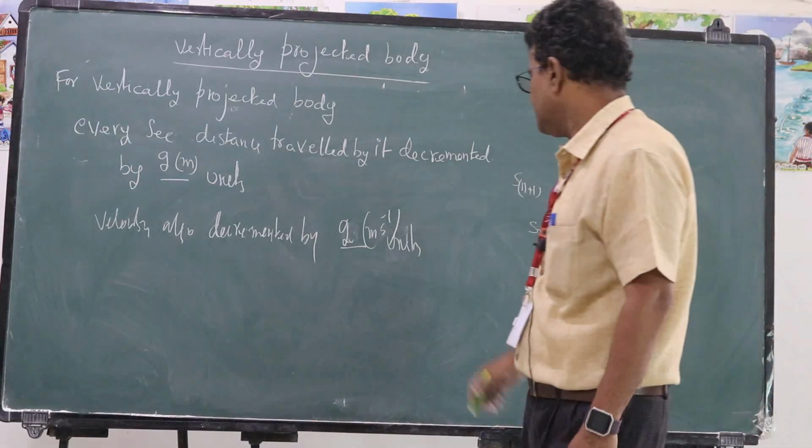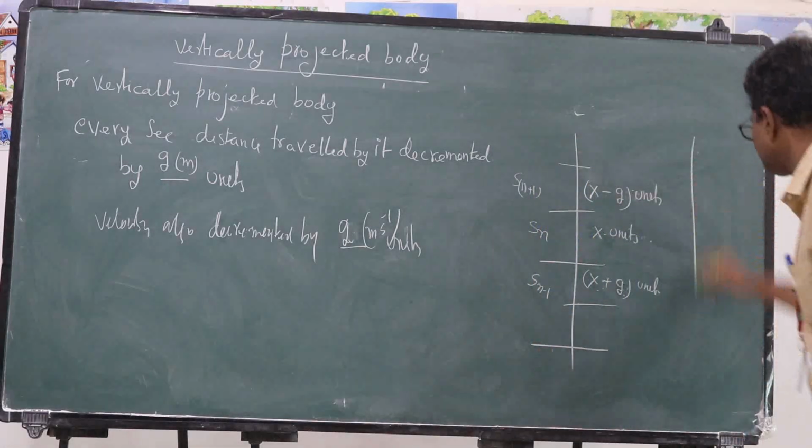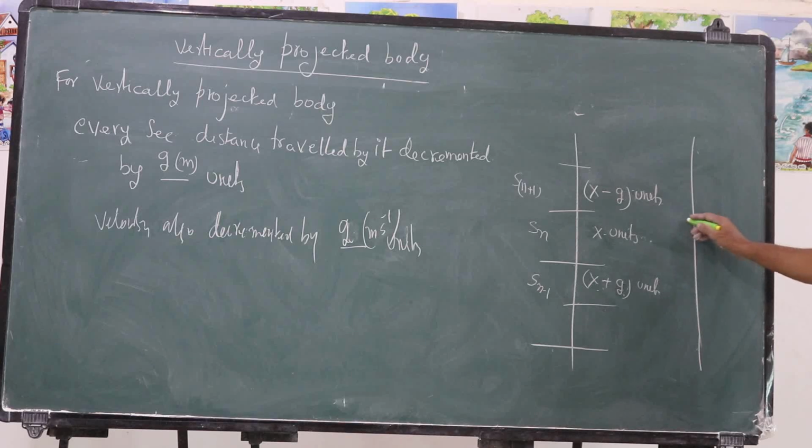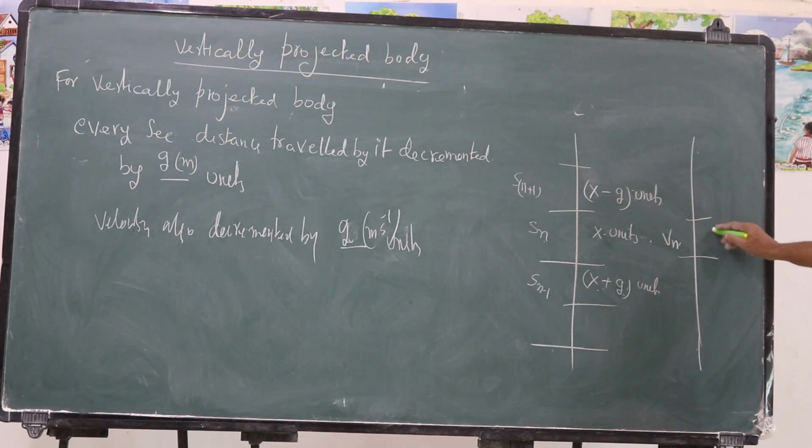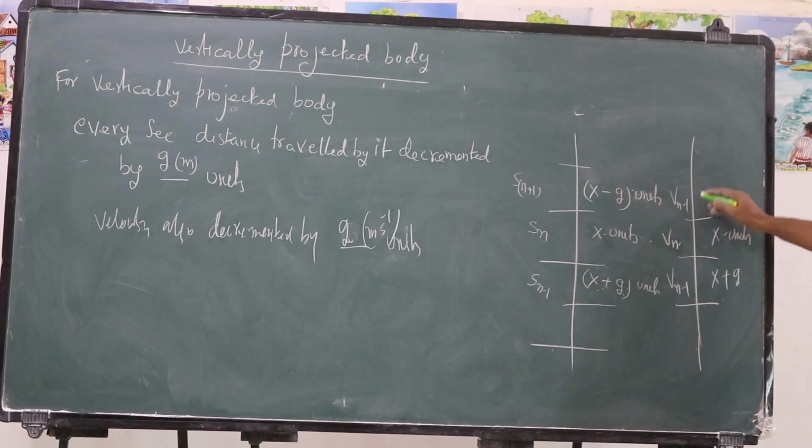So that means if velocity in nth second is x units, velocity 1 second before is x plus g. After 1 second it is x minus g.